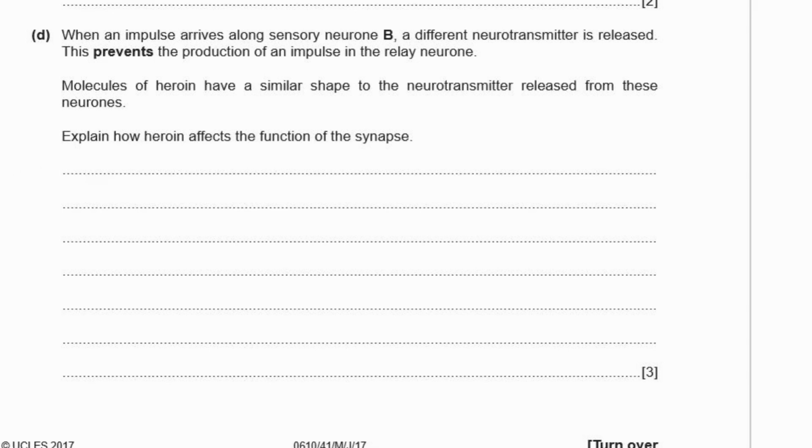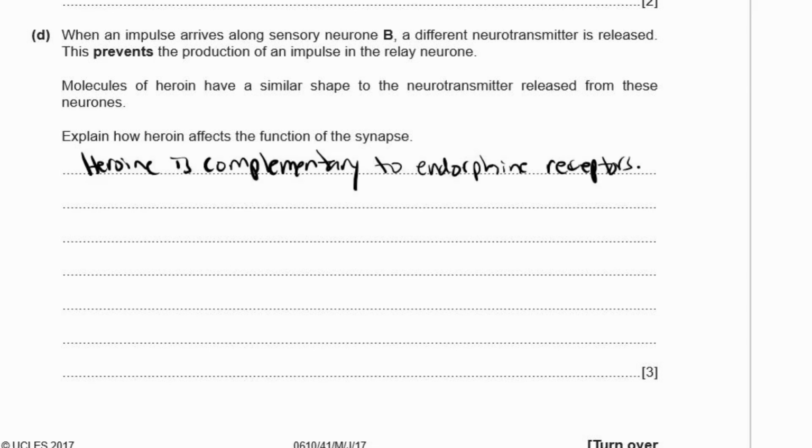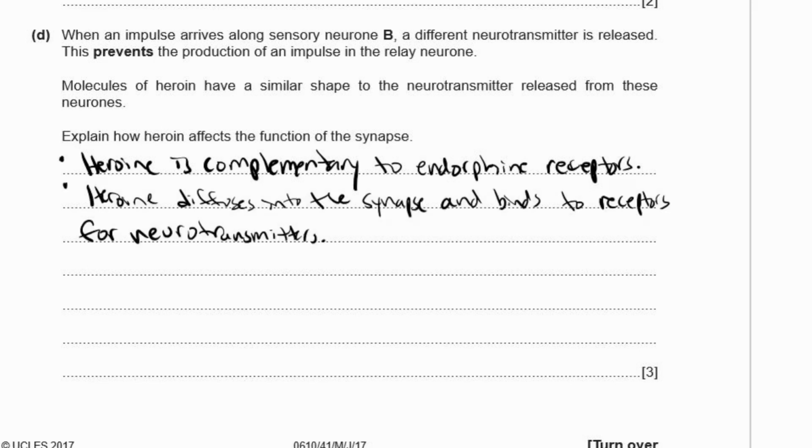Okay, so basically heroin is complementary to receptors for endorphin, and endorphins are the feel-good neurotransmitters, the neurotransmitters that tend to make you feel good. When heroin is taken into the blood, it diffuses into the synapse and binds to receptors for neurotransmitters.